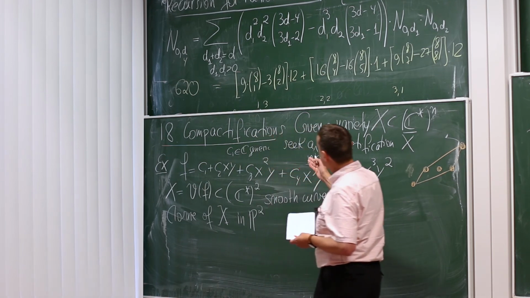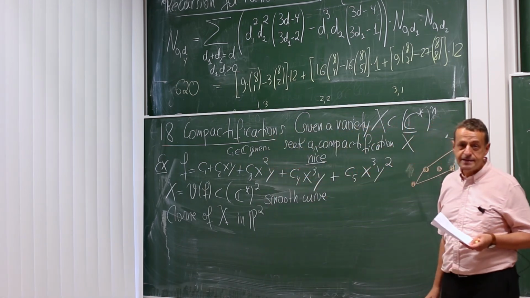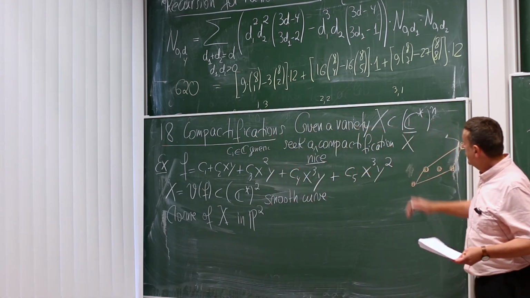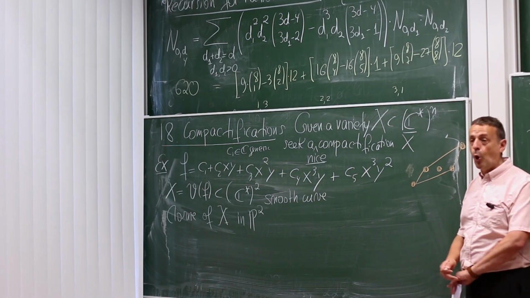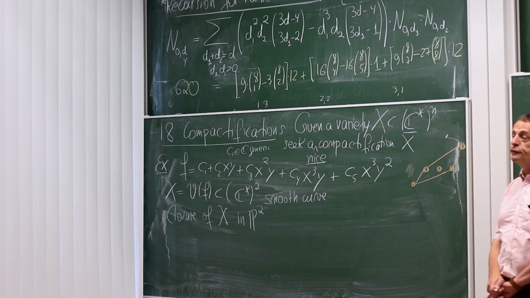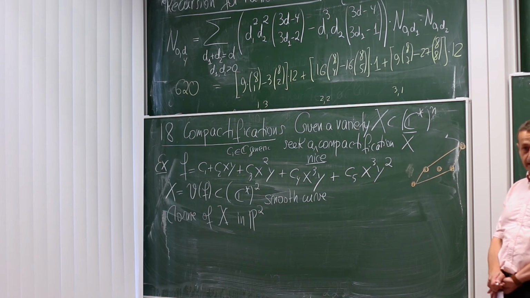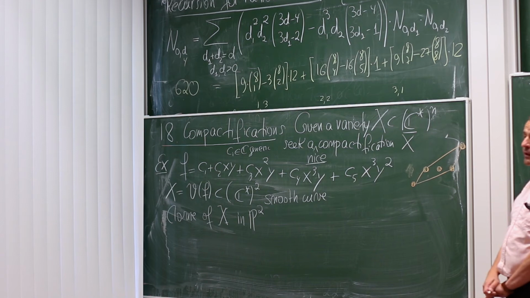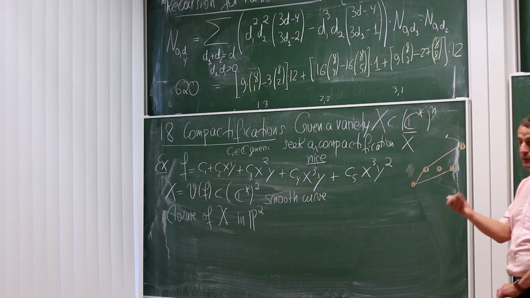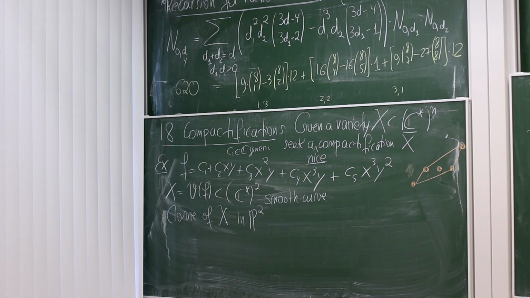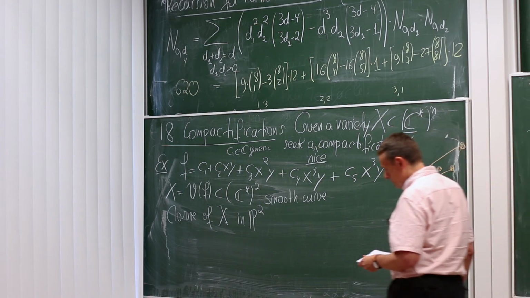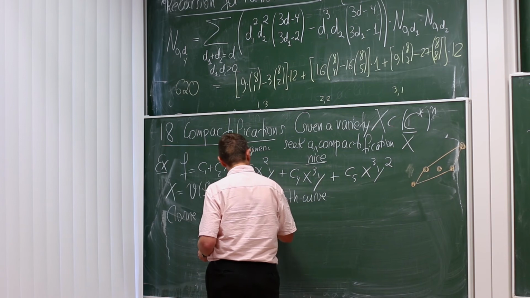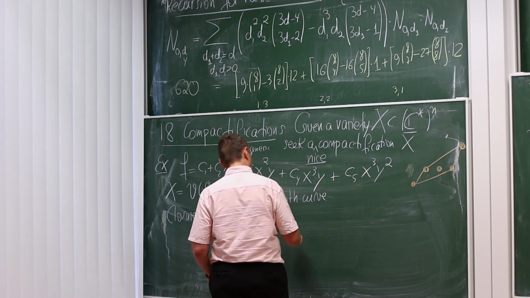You introduce a homogenizing variable z, and then you homogenize this to a homogeneous polynomial of degree 5 in 3 variables x, y, z. And you can do this for arbitrary ideals according to the last chapter of the Cox, Little, O'Shea undergraduate book. So then this closure is simply that projective curve, and what that does, it adds 2 points, but these are singular.